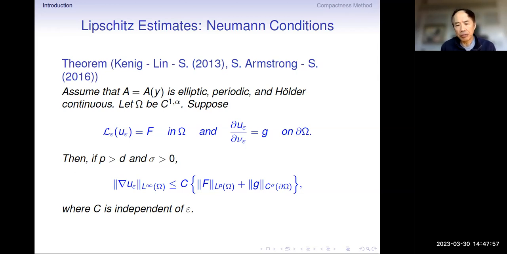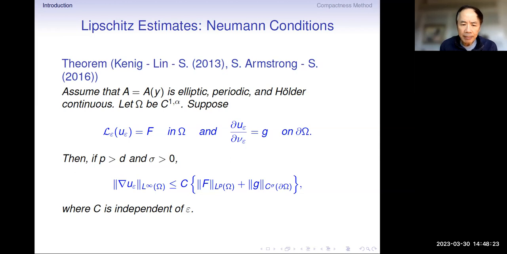The definition is just the normal dotted with the flux, A of x over epsilon times the gradient of u epsilon. That's just the variational form. In other words, it's the boundary data obtained when you integrate by parts the equation here.